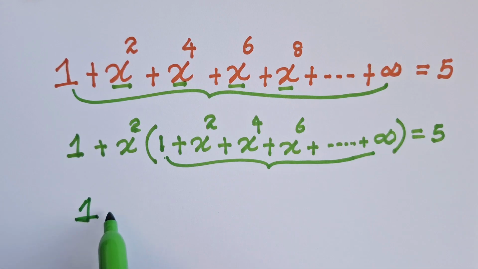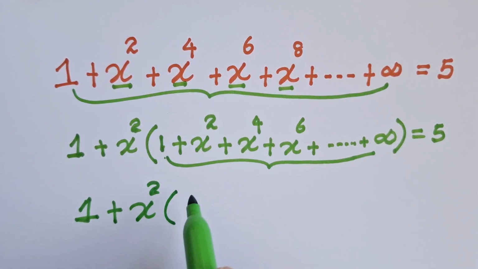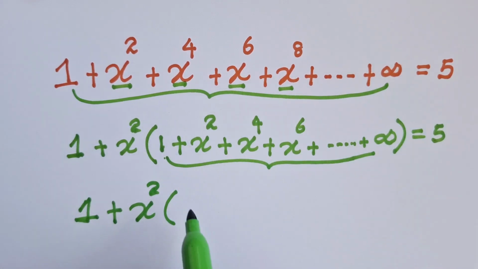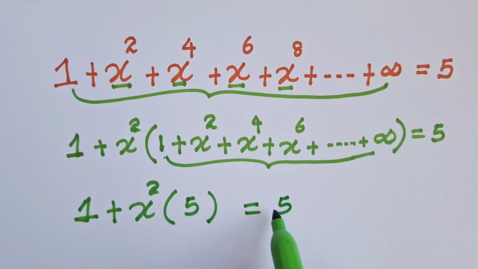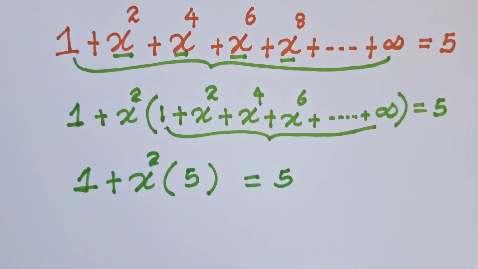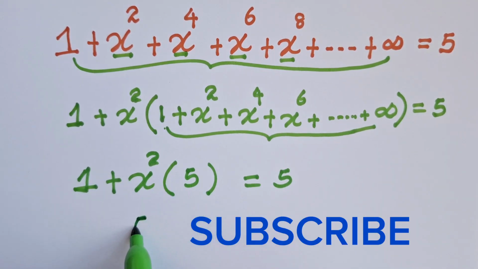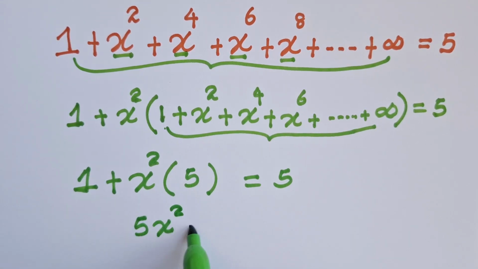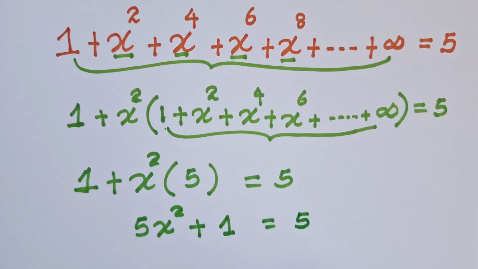Now I have 1 plus x to the power of 2 times 5 is equal to 5. Now 5 times x to the power of 2 plus 1 is equal to 5.